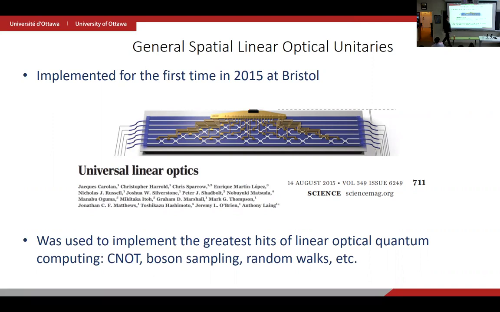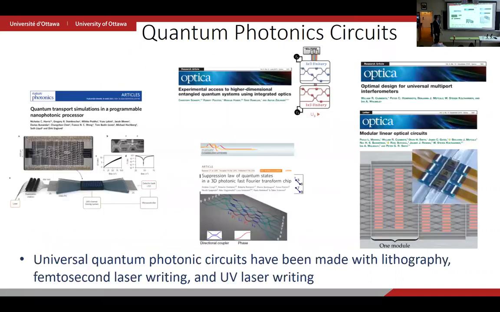It's been used to do boson sampling and so on. And if you look at optical quantum computing companies, this is what all of them are doing, something like this. So as I said, it's been highly influential, and people have made various versions of it.